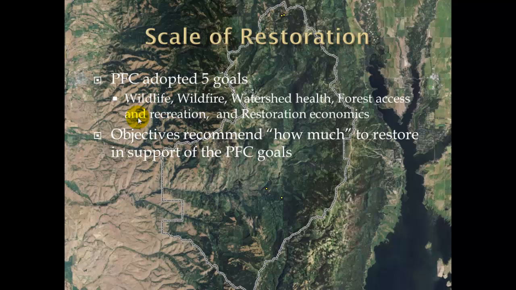How much of it should be done? And for the coalition, that question is answered in the context of 5 goals addressing wildlife, wildfire, watershed health, forest access and recreation, and restoration economics. So the recommended objectives will offer to the Forest Service the coalition's priorities on how much to restore within the context of those 5 goals.